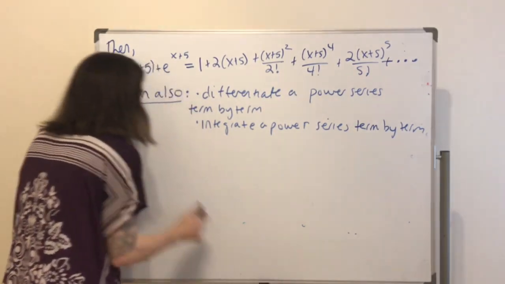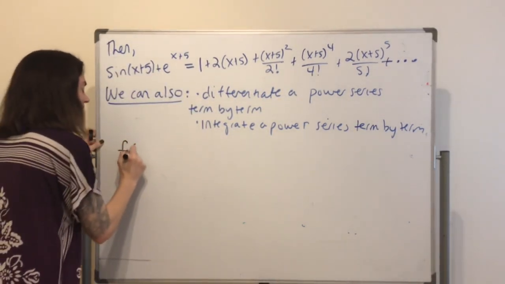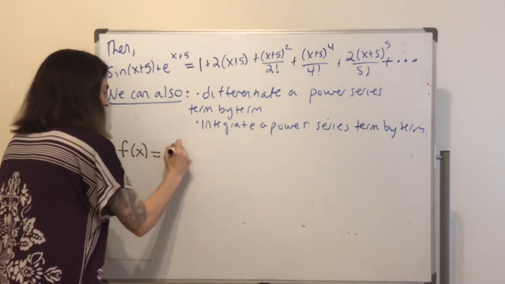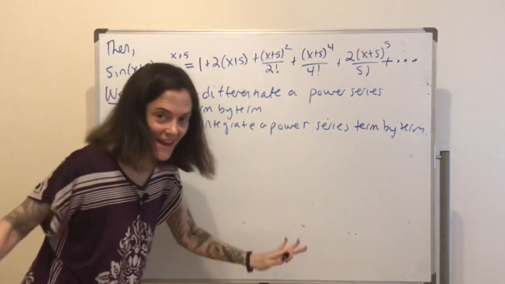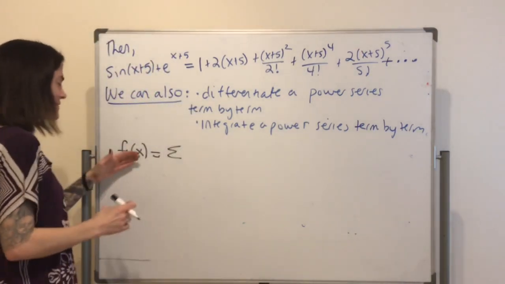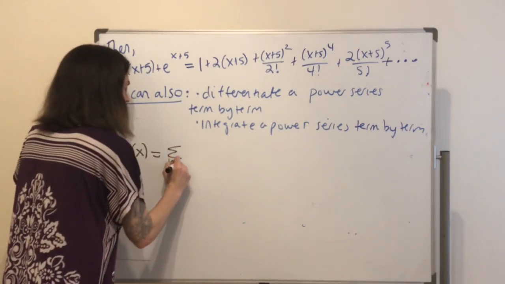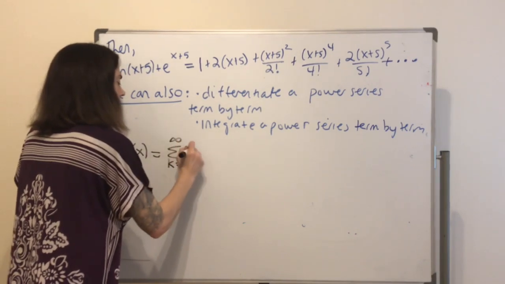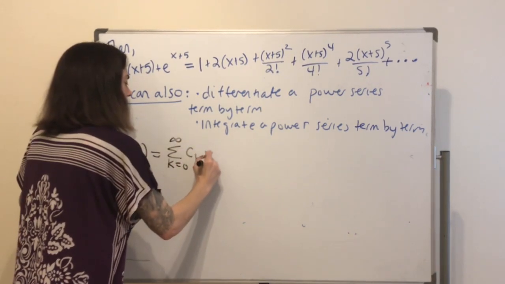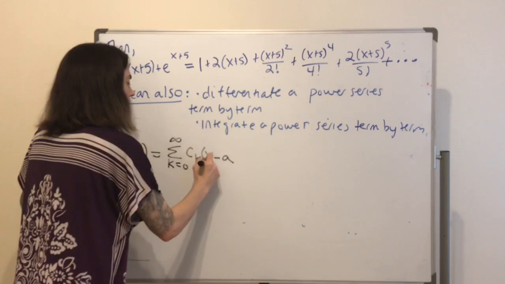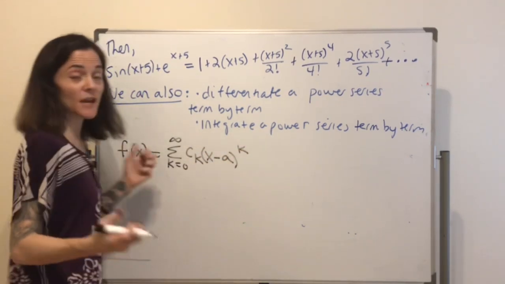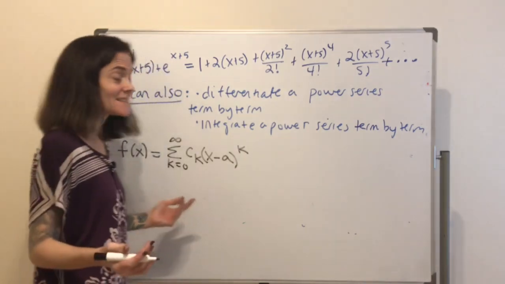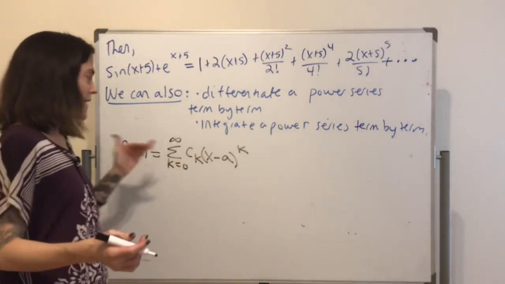Let's write what I mean. I'm just going to clarify these two, then we will do some examples. If a function f of x equals the sum of c_k (x minus a) to the k, this is our general form of a power series centered at a.